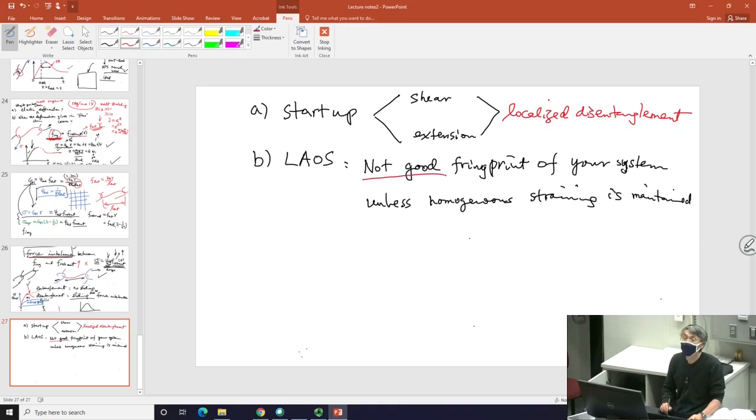Anyone who claims that, okay, let me just say one word. LAOS typically means you may have nonlinear response. What does that mean? It means, let's say it's done in the strain mode, your stress response can have higher harmonics.